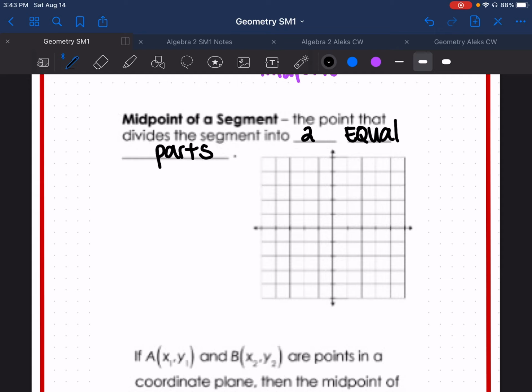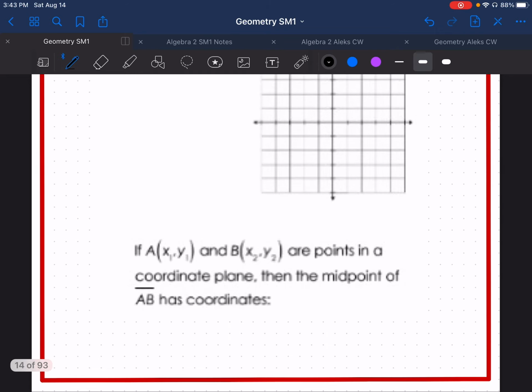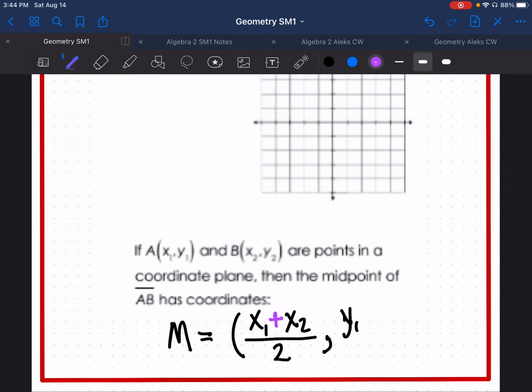All right, so if my endpoints A (x1, y1) and B (x2, y2) are endpoints on the coordinate plane, then the midpoint of segment AB has the coordinates of x1 plus x2 divided by 2, comma, y1 plus y2 divided by 2.